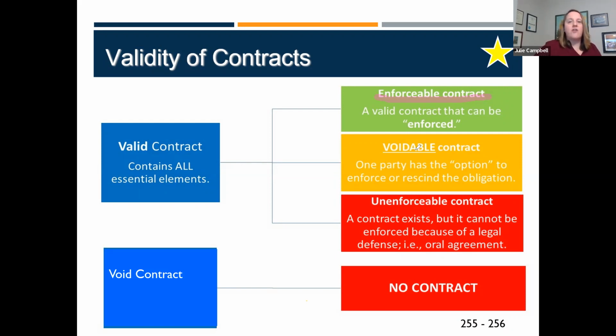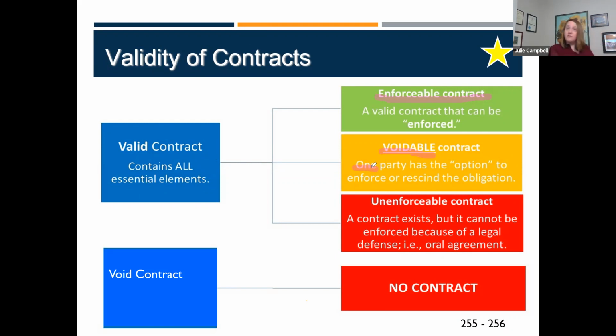A valid contract can become voidable. It still contains all the essential elements. The contract itself can stand up in a court of law, but it can become voidable because one of the parties has the right to stand up in front of the judge and say, I don't have to carry through with the terms of this contract.